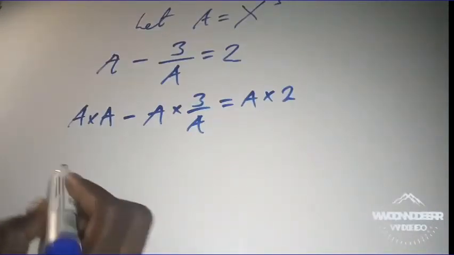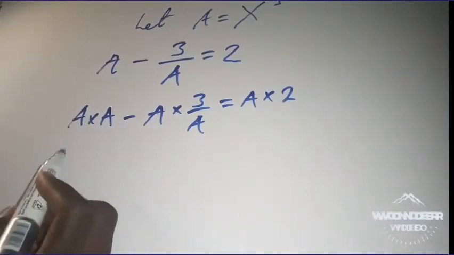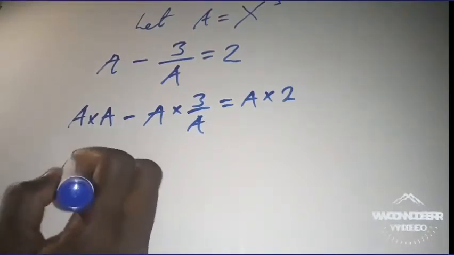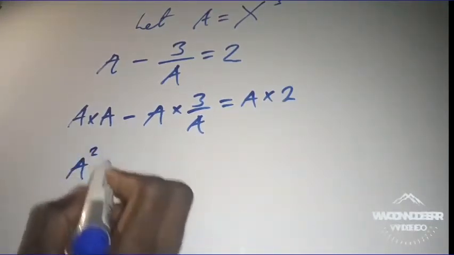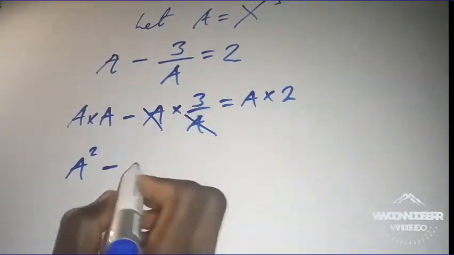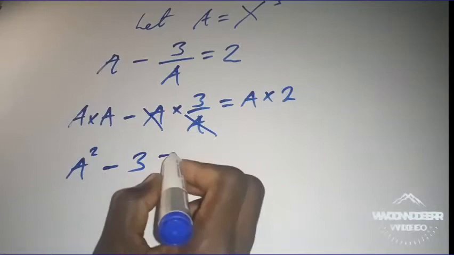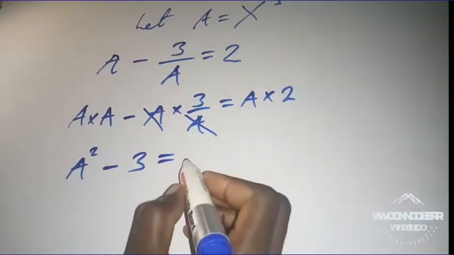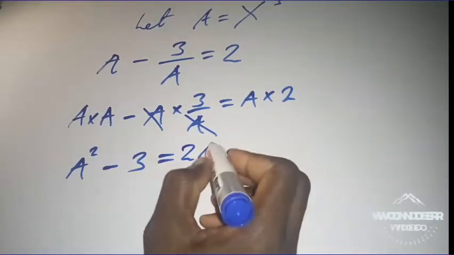The next stage is we balance the equation. So a times a is a squared, and the a will take care of this, leaving us with 3. So you have 3 equals 2 times a, which is 2a.